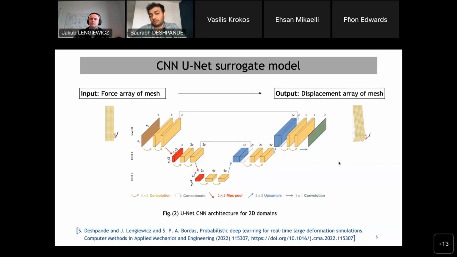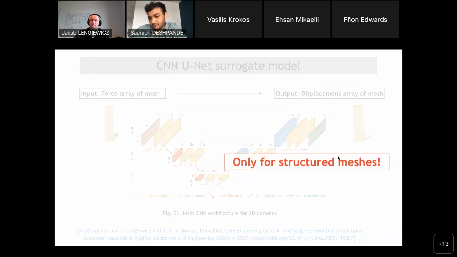But it works really well for structured meshes, and it is limited to structured meshes. There are some ways to accommodate unstructured meshes with these approaches. For example, one way would be to find a parametric transformation from the unstructured mesh to a structured input, or to embed a grid and interpolate the values of unstructured nodes onto these grid nodes, and then use it in CNN architectures.